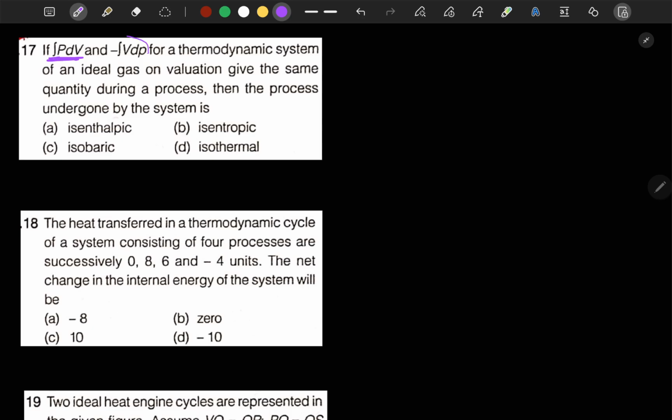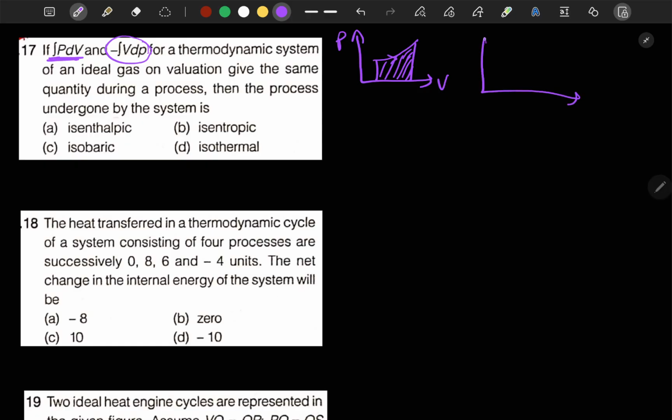Minus VdP we get for an open system. In a closed system, for a PV diagram, the area under the curve projected on the volume axis is the work done for a closed cycle.